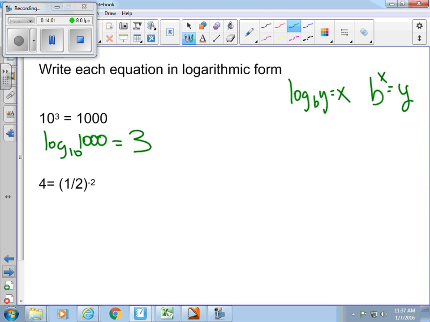You may remember, and I have it on a slide later, that could also be written as log of 1,000 equals 3, because if you write logarithm without a base, it means base 10. So, now we'll talk about this. What's this one? 1/2 to the y equals negative 2. Any questions about that?